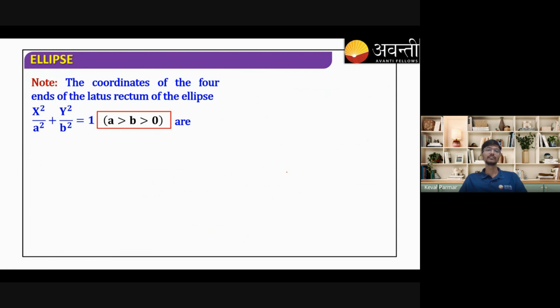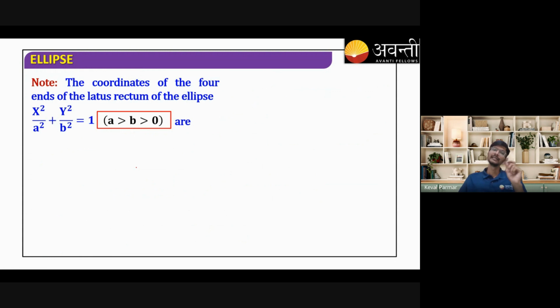The coordinates of the four ends of the latus rectum. Now, as we all know, the ellipse is a symmetric figure. That means whatever coordinates we get in the first quadrant of the latus rectum will be the same; we just have to adjust the sign according to the quadrants.